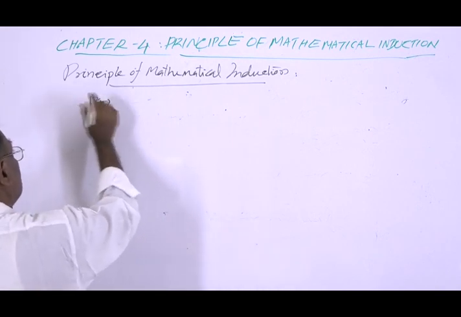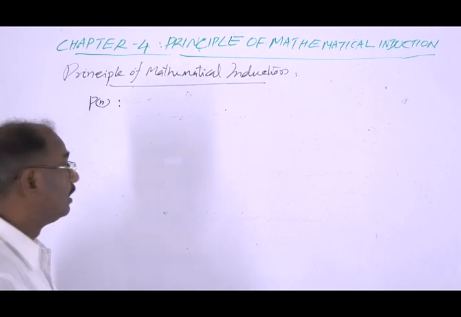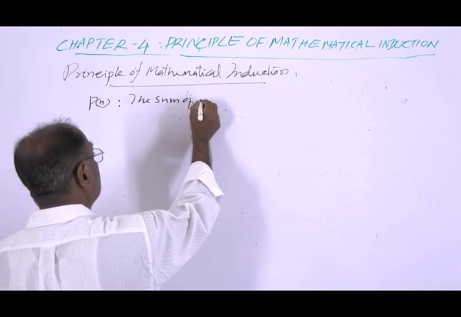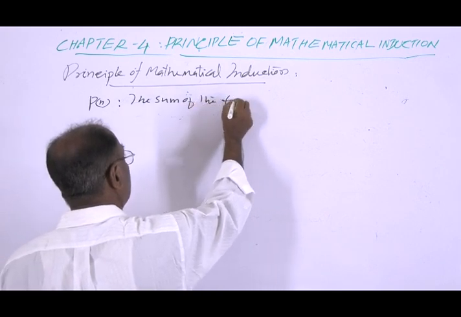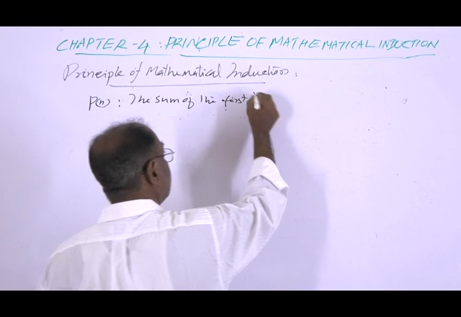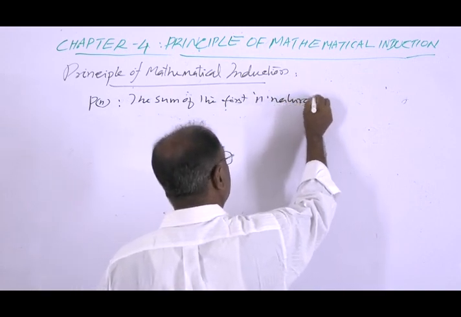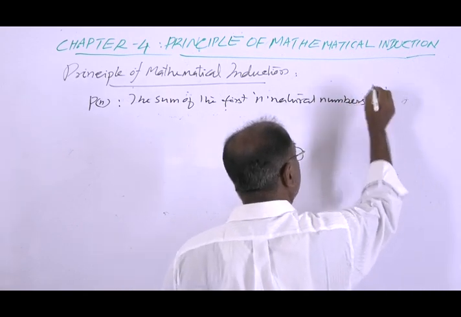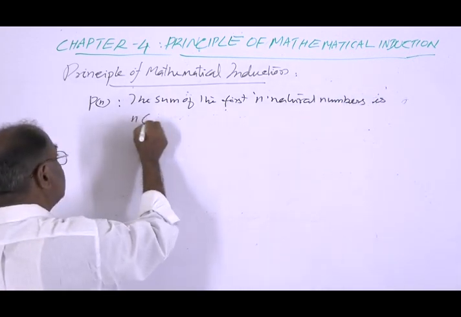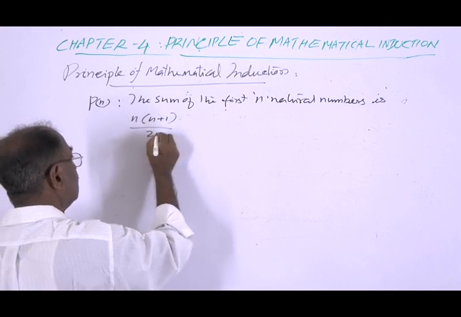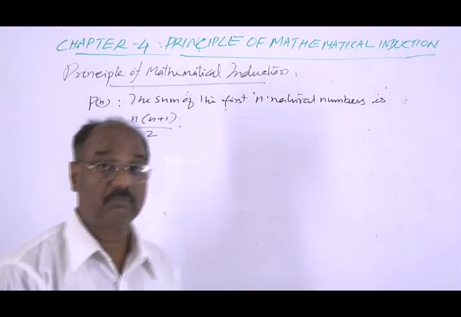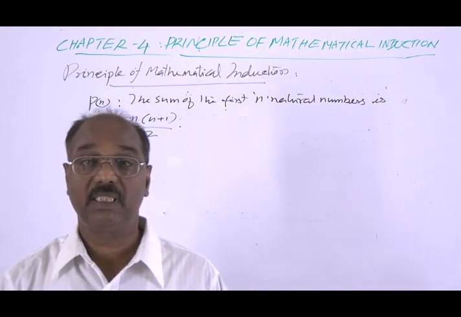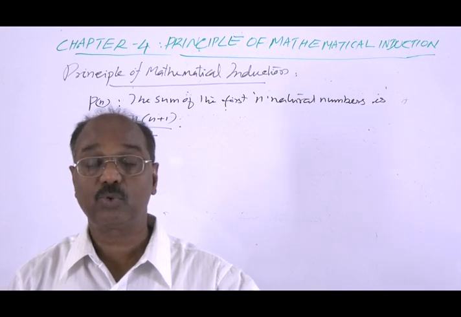Suppose Pn is the statement: the sum of the first n natural numbers is n into n plus 1 by 2. So this is the statement for the result. The sum of the first n natural numbers is n into n plus 1 by 2.